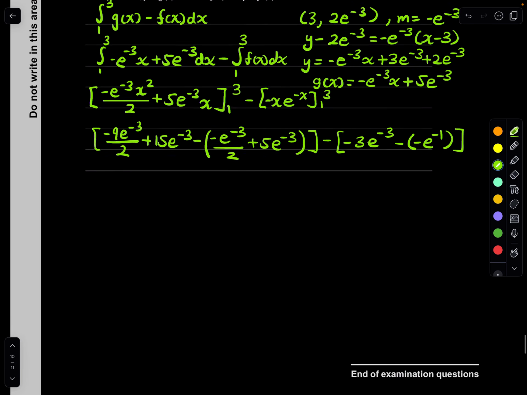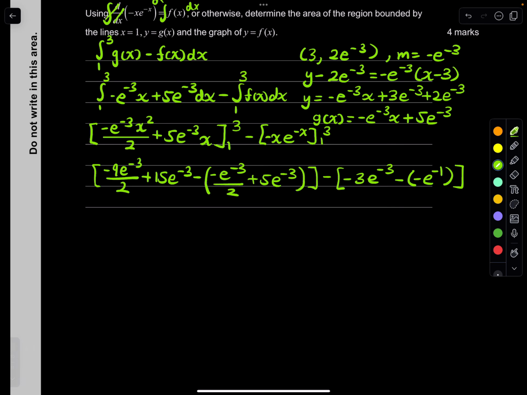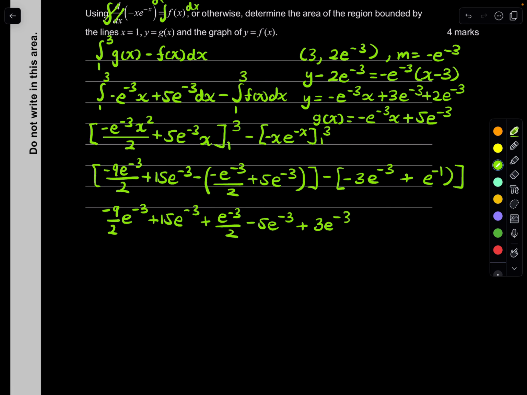Okay, made some progress. Now we just need to simplify this. Let's expand everything. Plus 15e negative 3 plus e negative 3 on 2 minus 5e negative 3. This just becomes plus here, so it becomes plus 3e negative 3 minus e negative 1. Beautiful.